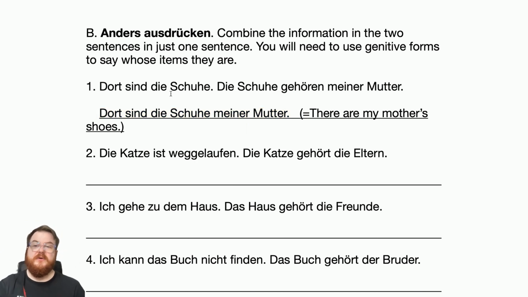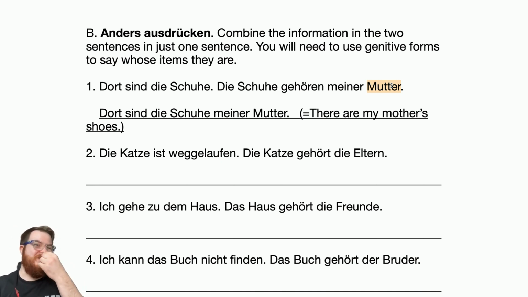Okay? So you see what the thing is, and then see what the relationship between the two things is. Who owns what? What belongs to whom? Wow, that's really bad English grammar. We want to see the possessive relationship of two nouns, and put them together into one sentence.